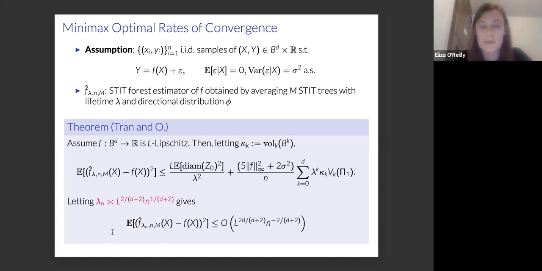If you were to put a supremum over all Lipschitz functions in front of this risk, there's a lower bound on that decays like n to the negative 2 over d plus 2. So in the worst case over this function class, you can't improve this rate without any additional assumptions. All to say that basically for any directional distribution, STIT random forests are minimax optimal.